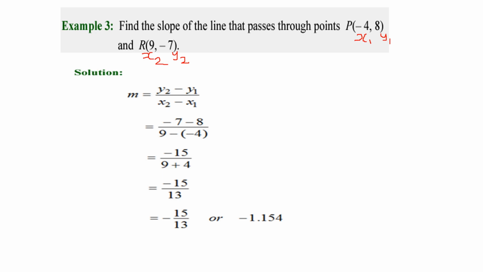So y2 is negative 7 minus y1, which is 8, divided by x2, which is 9, minus x1 having minus, so minus of minus will become plus. So negative 15 divided by 13 gives minus 1.154.